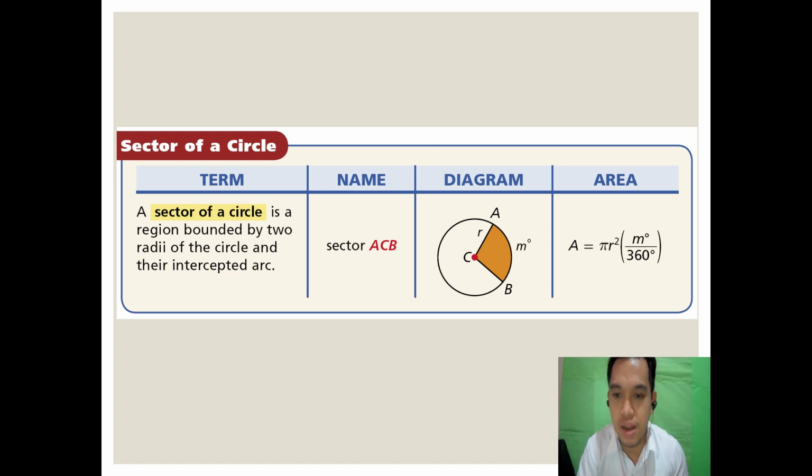To find the area of the sector, we multiply the area of the circle, which is pi r squared, times the quantity of m degrees over 360 degrees. That is the formula to find the area of the sector.